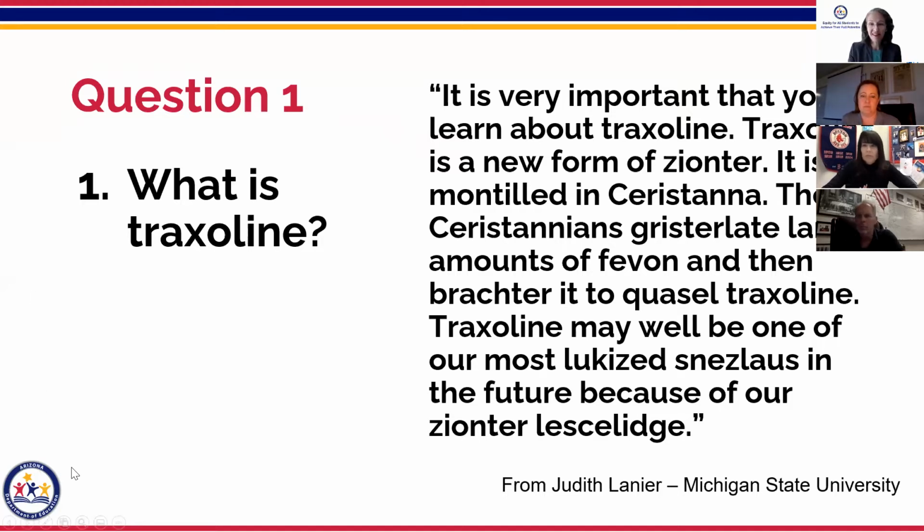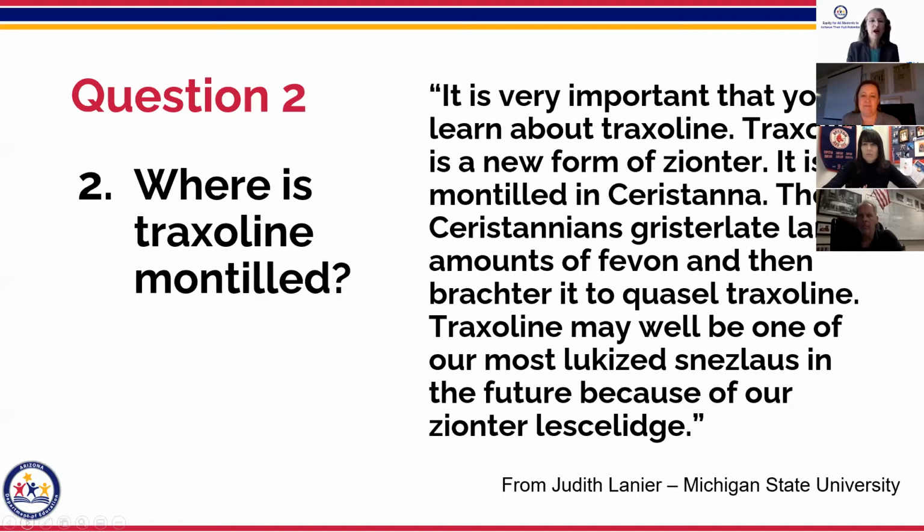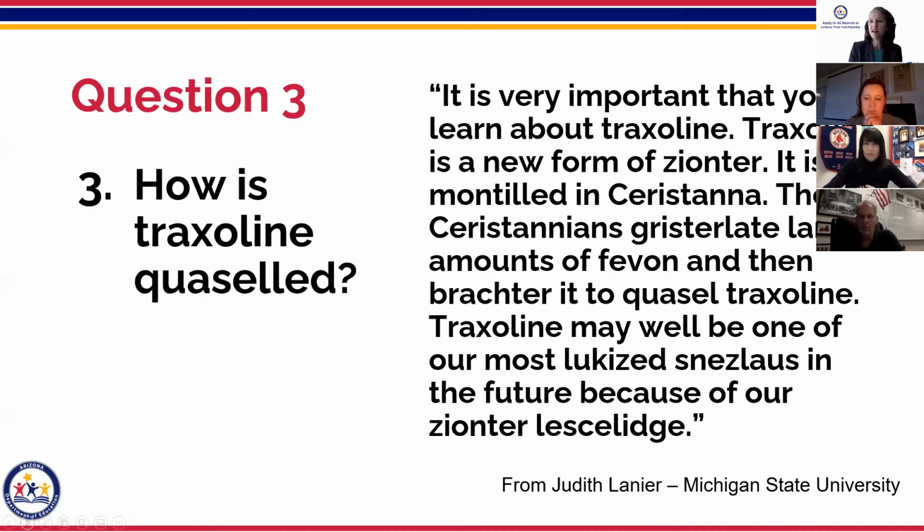That happens to be correct, so good job. So Traxylene is a new form of Zianter. If you all guessed that, then you are 1 for 1. Let's go to question number 2. Where is Traxylene montilled? Perfect, Serostana, excellent. 2 for 2, you are excellent so far.